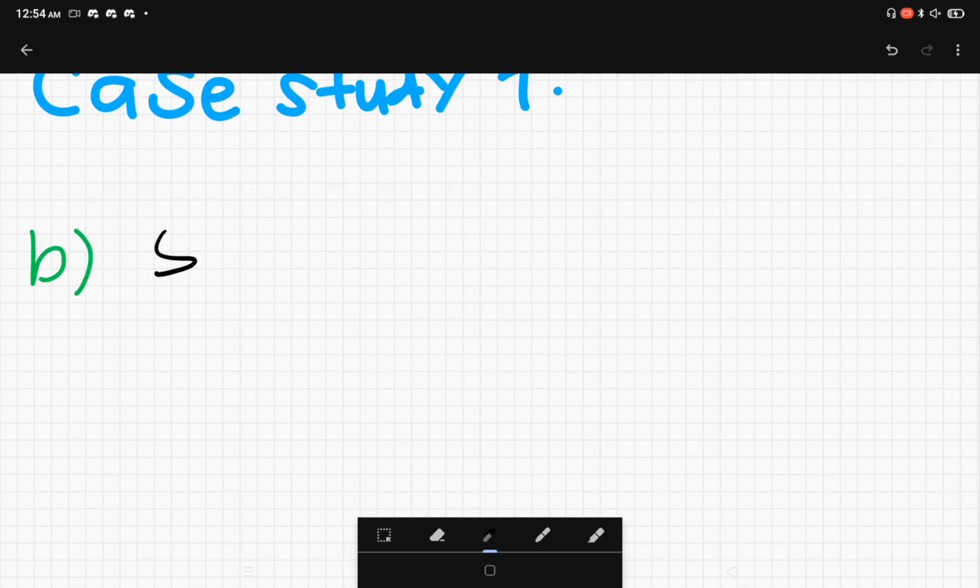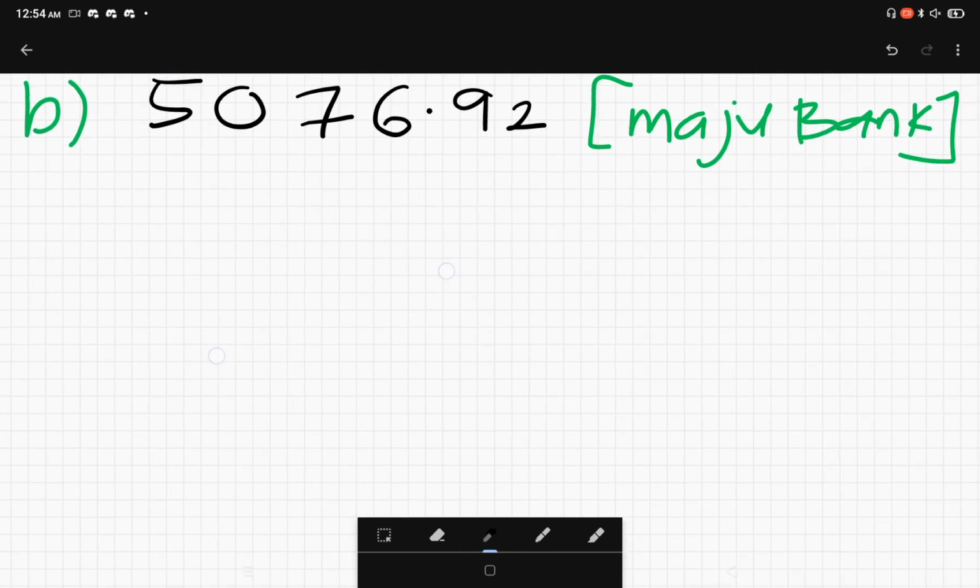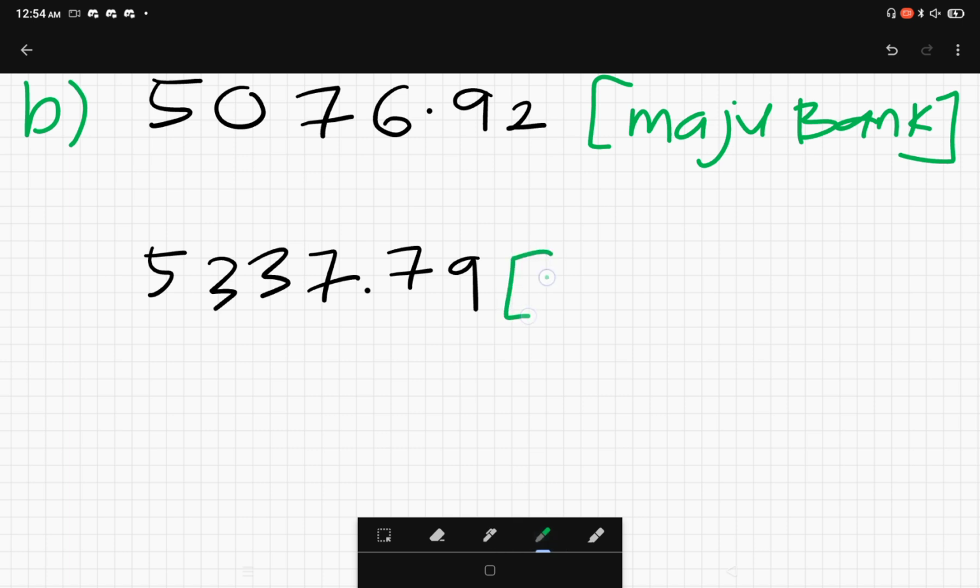So for Maju Bank, it is 5,076.92. And for Jaya Bank, it is 5,337.79.